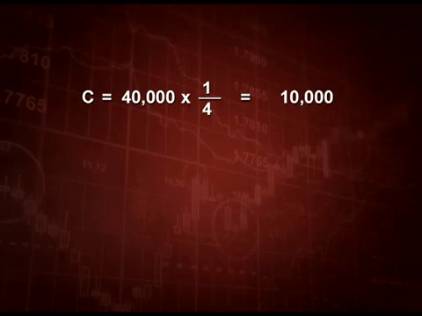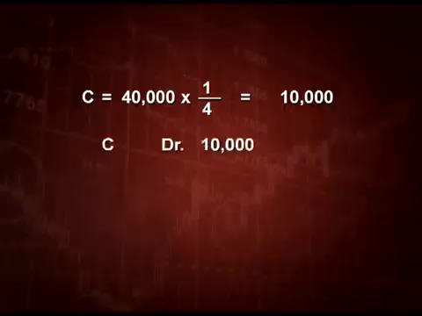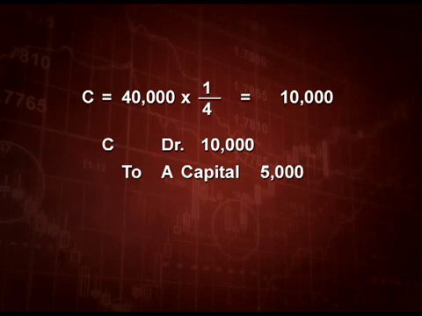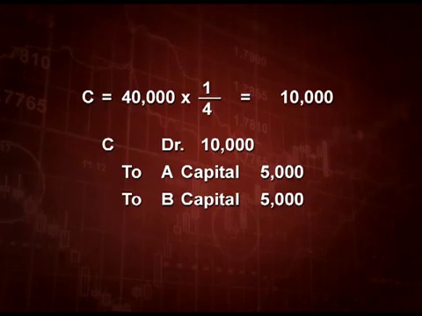Who is contributing this share of C? A and B, and that too in equal ratio. It means they are sacrificing equally. So, they will get equal share. The entry will be C account debit 10,000 to A capital 5,000 and to B capital 5,000. I hope you are able to get it now.